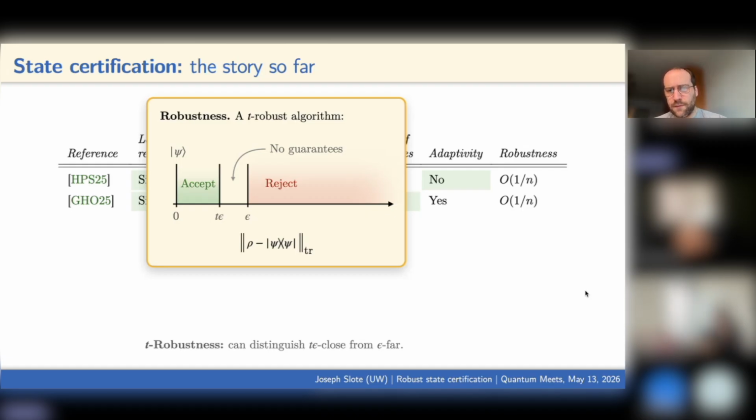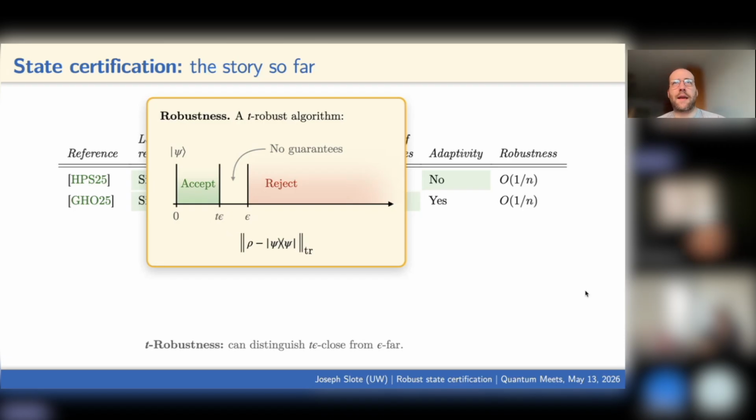So both of these protocols, what this robustness of 1 over n means is that as system size grows, the only time these protocols can be guaranteed to give a thumbs up is when the lab state is vanishingly close to the correct state.